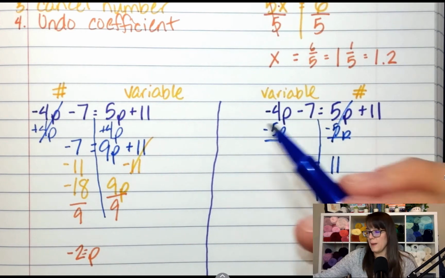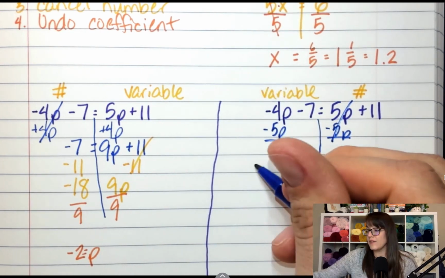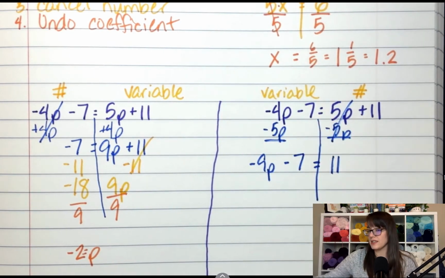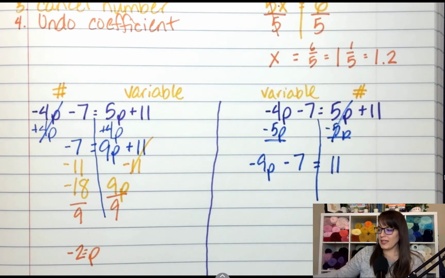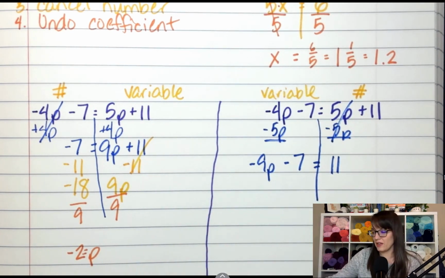Negative 4p minus 5p is negative 9p minus 7. Don't forget the minus 7. What do I need to do to this side to cancel out a negative 7? I'm going to add 7.